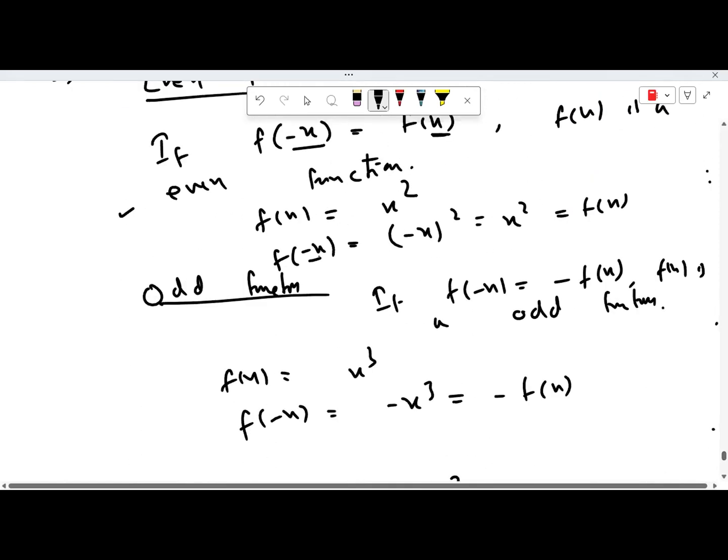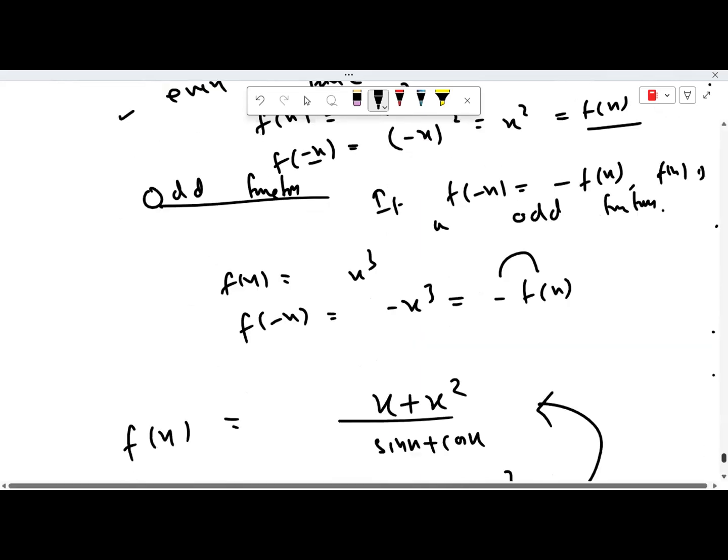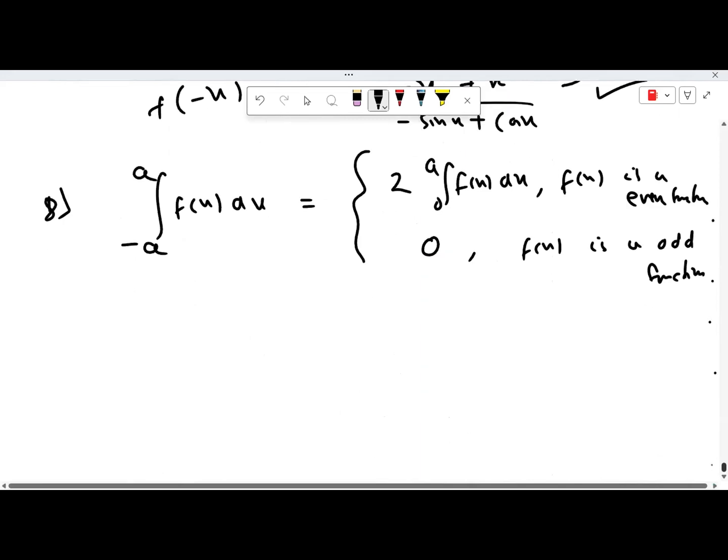If you put negative x and you get the function back itself, then it is an even function. If you get negative of f of x, then it is an odd function. So check if the function is even. If it is even, then 2 times 0 to a f of x. If it is odd, then directly you can write 0. Okay, so note it down.